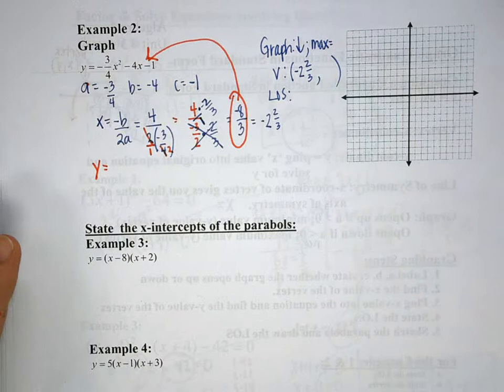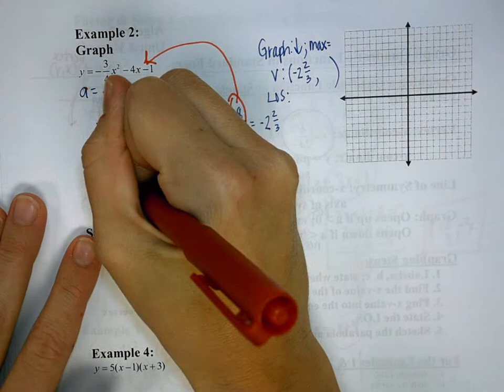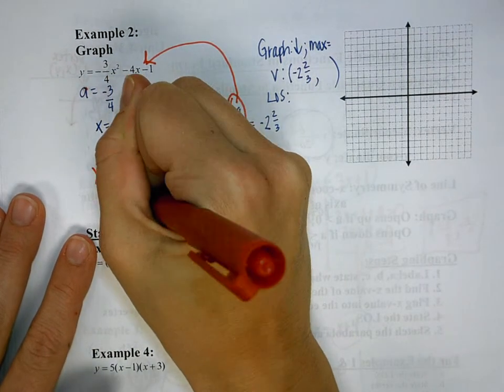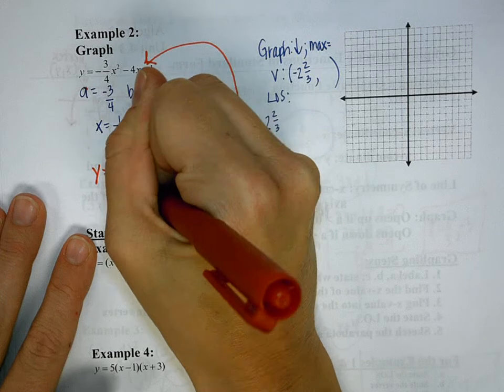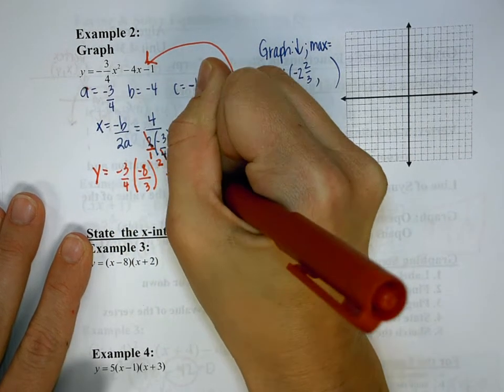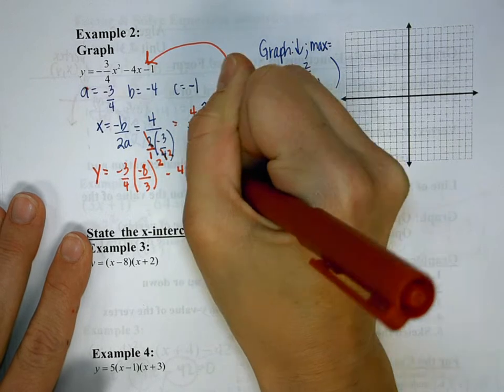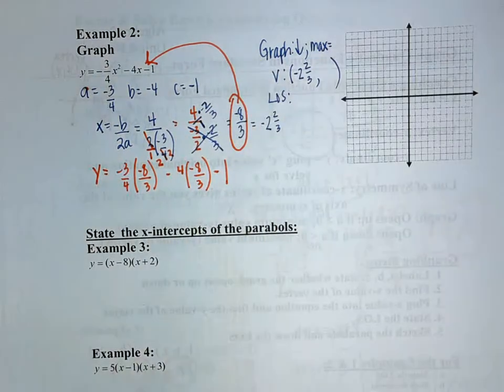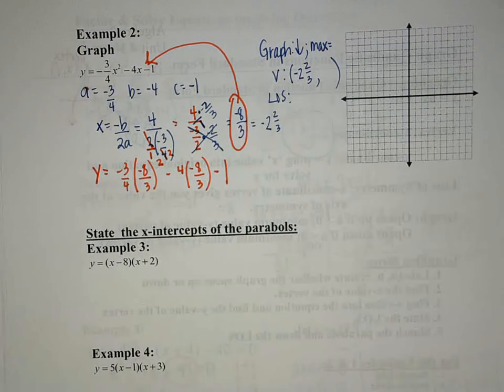So I'm writing this out first. Y equals, I have negative 3/4 times negative 8/3 squared minus 4 times negative 8/3 minus 1. Okay?